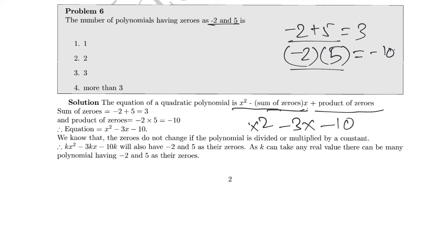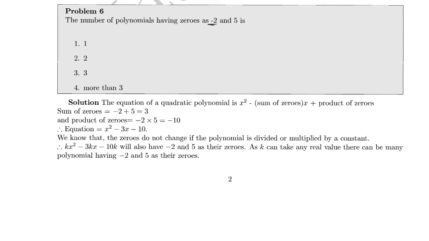So that is the equation we get after the zeros are given to us. That's also an important formula and an important topic we learn here: the sum of zeros is that, the product is that, and the equation is that.